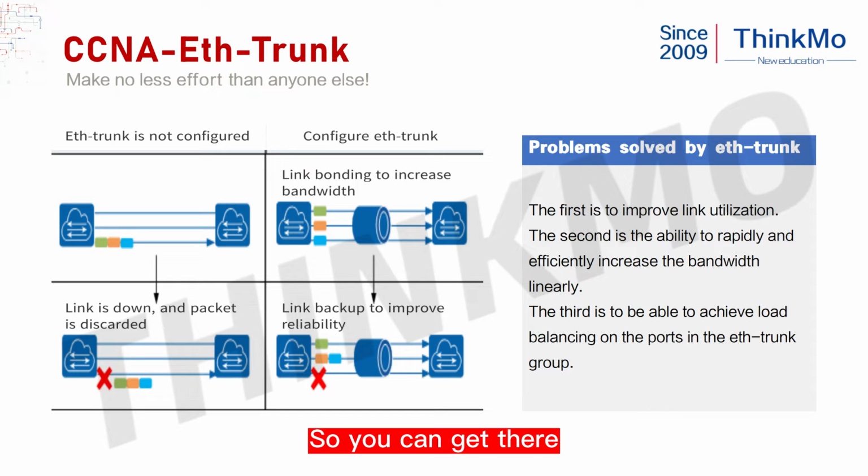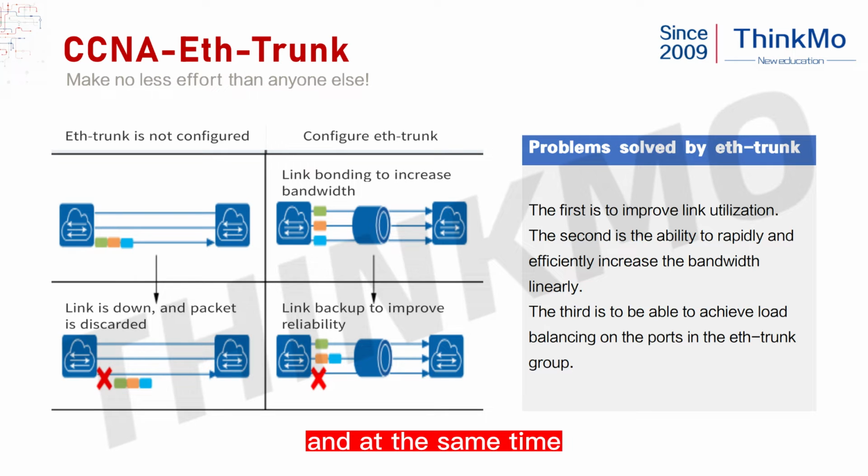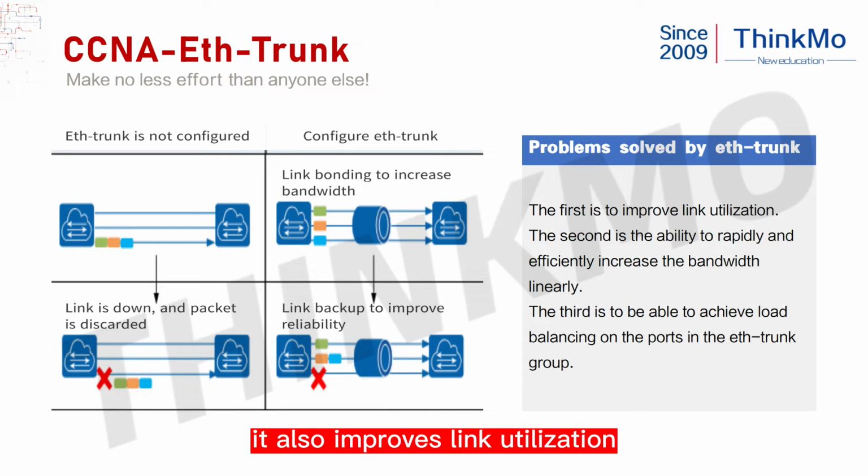So you can achieve the purpose of improving the link bandwidth. And at the same time, if one line is broken, the other two lines can keep working. In other words, it provides redundancy, and it can also increase bandwidth. It also improves link utilization.